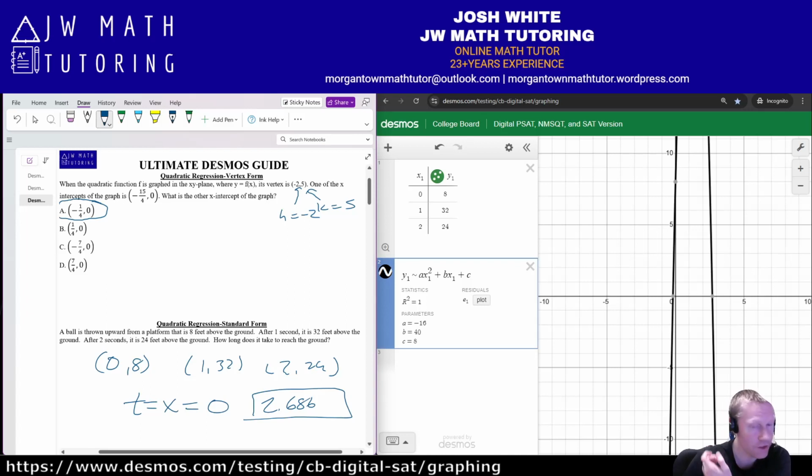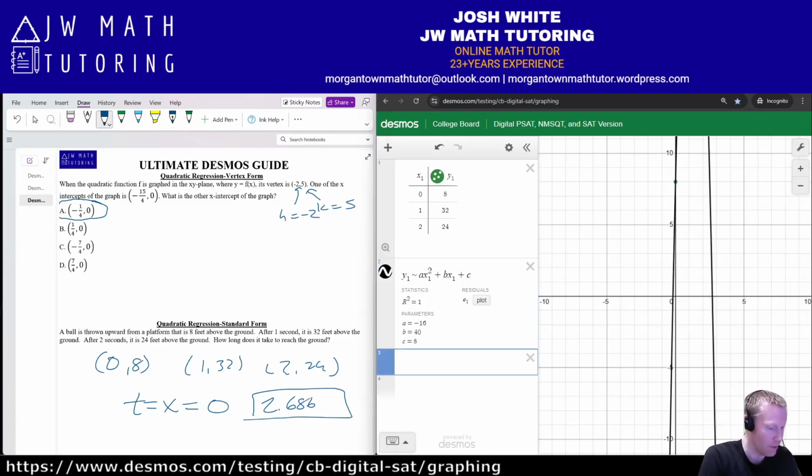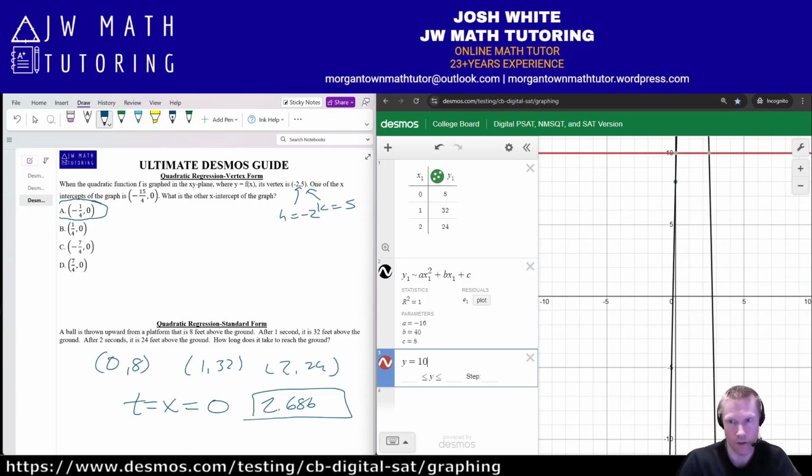They could also ask you for a slight variation. They could say, at what time does it have a height of 5 feet above the ground, or 10 feet above the ground. In that case you just graph whatever it's asking for, like y equals 10, and you see, okay, it's a time of 2.449 seconds, or whatever it is.